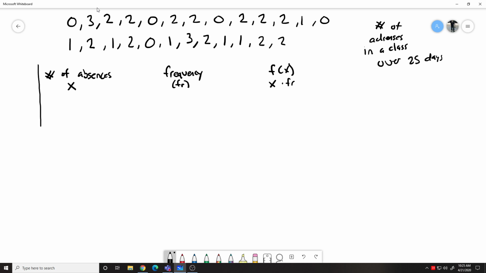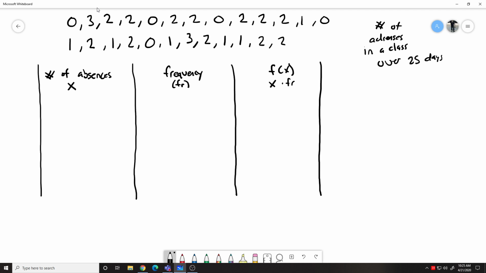So I'm going to build a little table here. You might want to pause the video at some point and make yourself a little table in your notes so that you understand how these things work. Now, how many different types of numbers do I have? I have zeros, ones, twos, and threes.